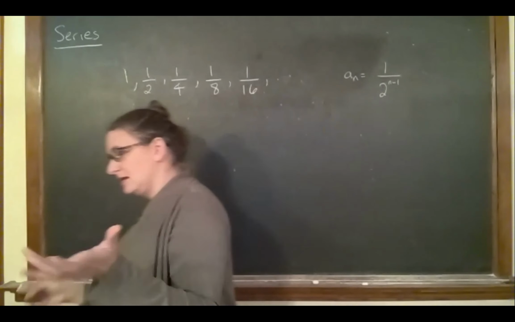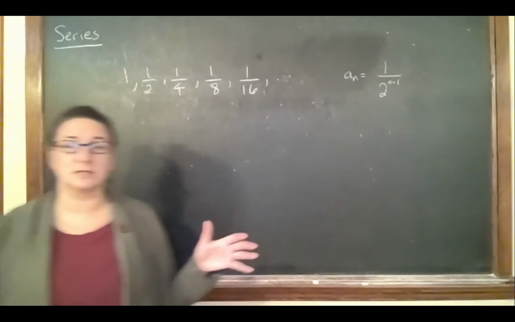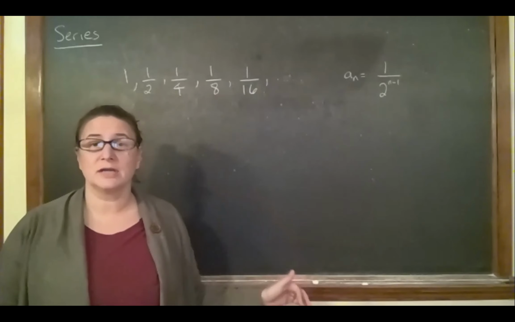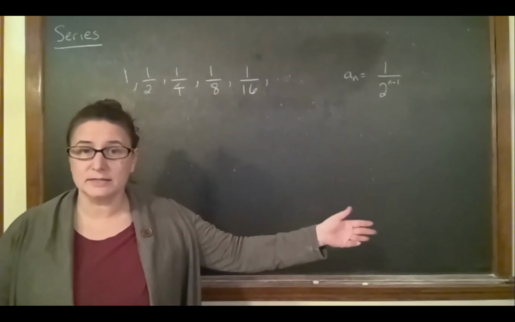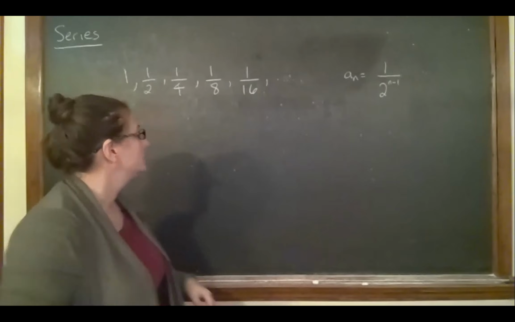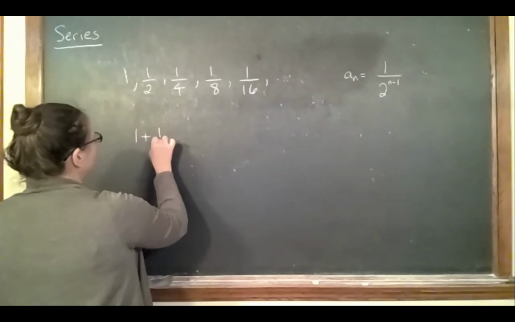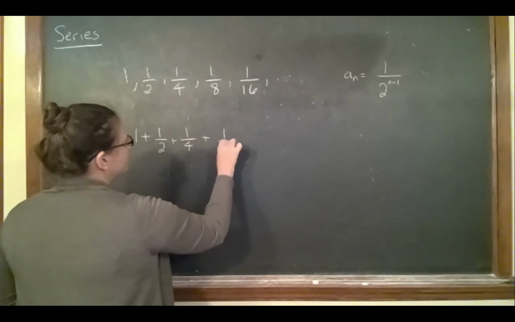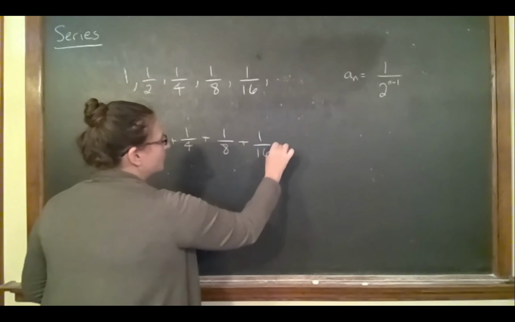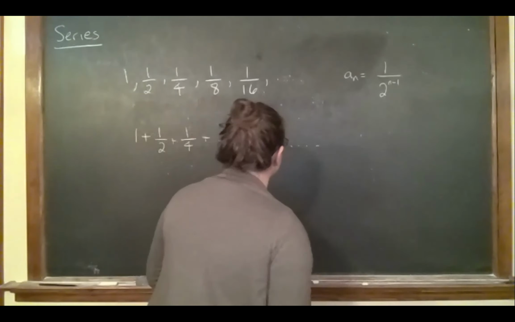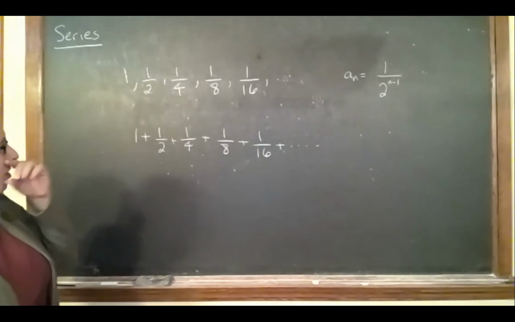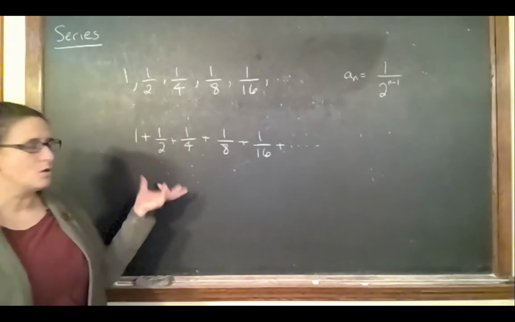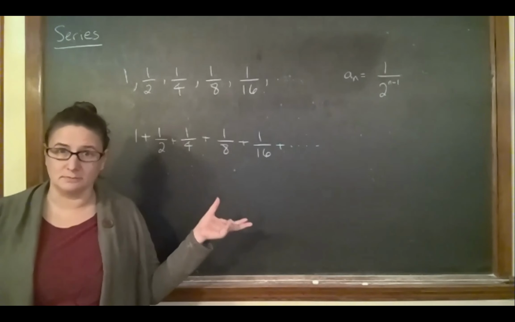Now, in discussing series, we actually take all the numbers in the sequence and add them up, right? So what do I have? 1 plus 1/2. And I will spare you all the jokes about an infinite number of mathematicians walking into a bar, and just start with thinking about what something like this means, right?